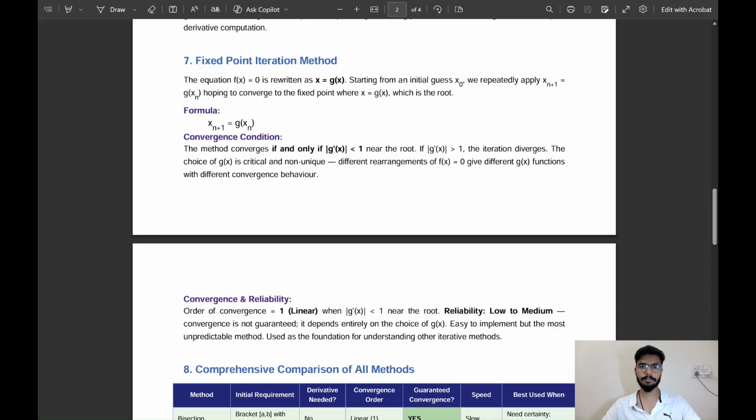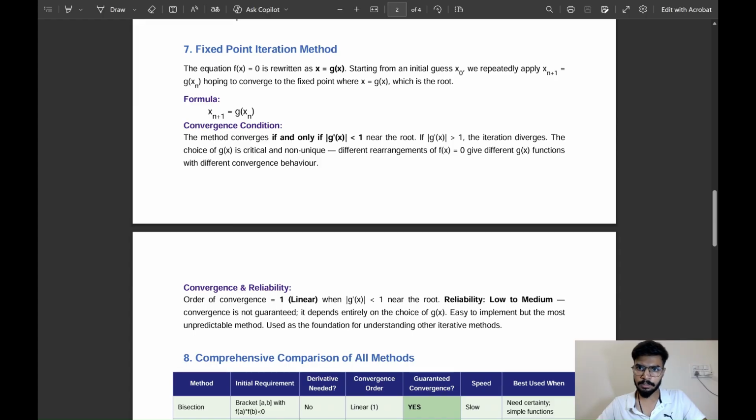You will get 3 different forms of x, put the values in, and see where the value is less than 1. We take the form where it is less than 1 and do the operations there only.